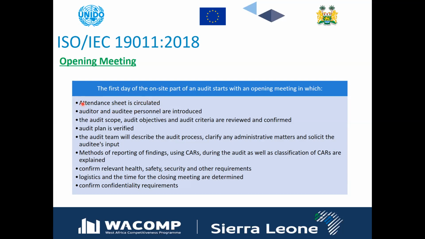In the opening meeting, the lead auditor circulates this attendance sheet, and everybody signs, from the auditor side and from the auditee side as well. This records what kind of things you informed the various people who were available in this opening meeting.